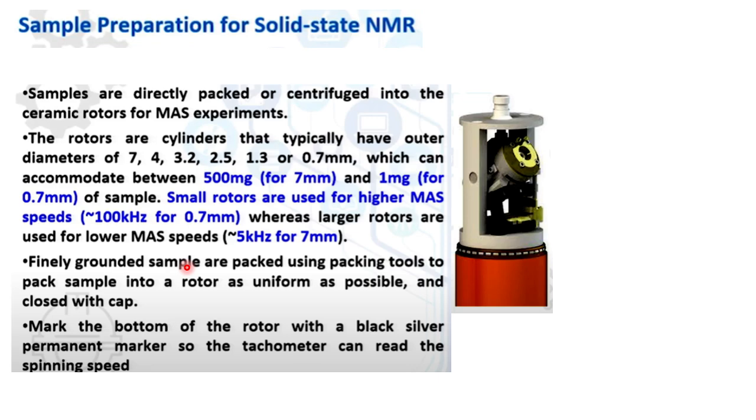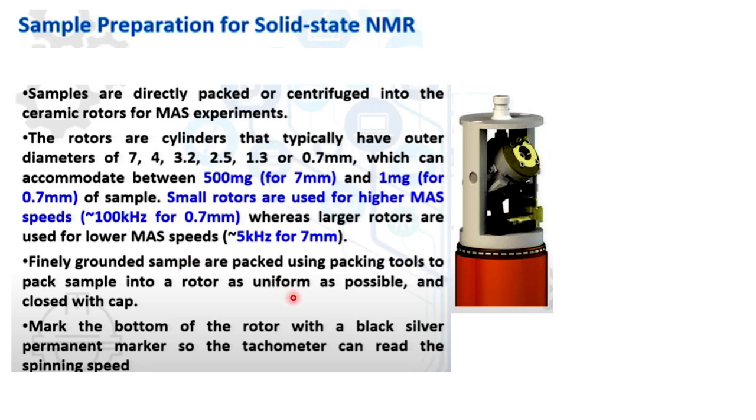So you may put the sample at a higher amount. For example, if the diameter is 7 mm, you may put say 500 mg, or if the diameter is very small, 0.7 mm, you should keep the sample at 1 mg, and it will rotate to do the MAS experiment.